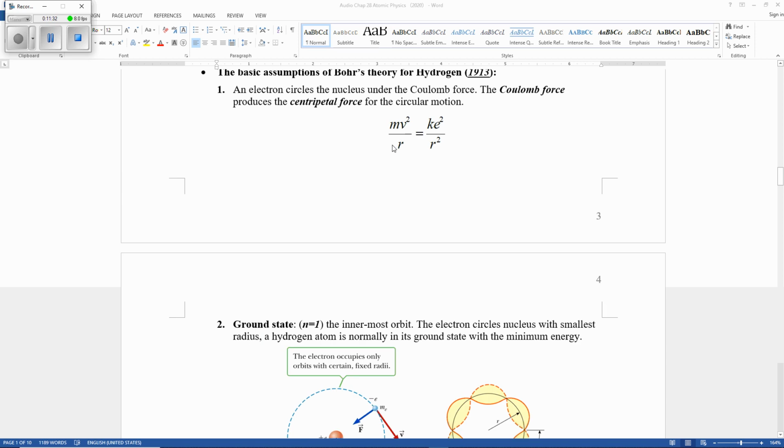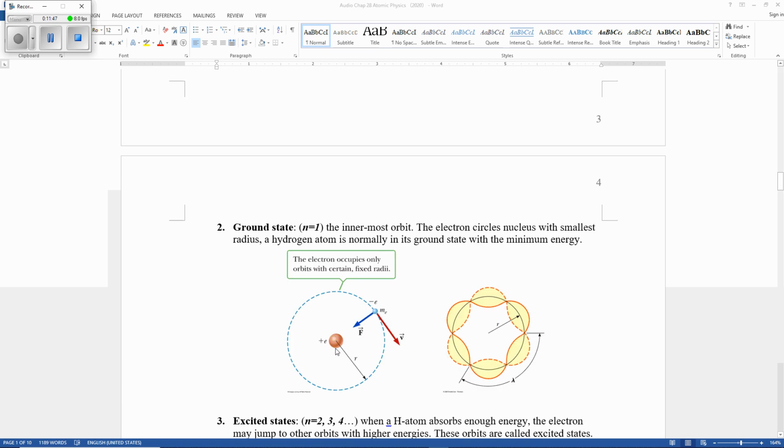K is a constant and e is the charge, because we have the same charge, one positive, one negative. So the proton and electron attract each other. Why don't they collide? Because the electron keeps circling at speed. So they just balance, just like the moon circling the Earth, never colliding.